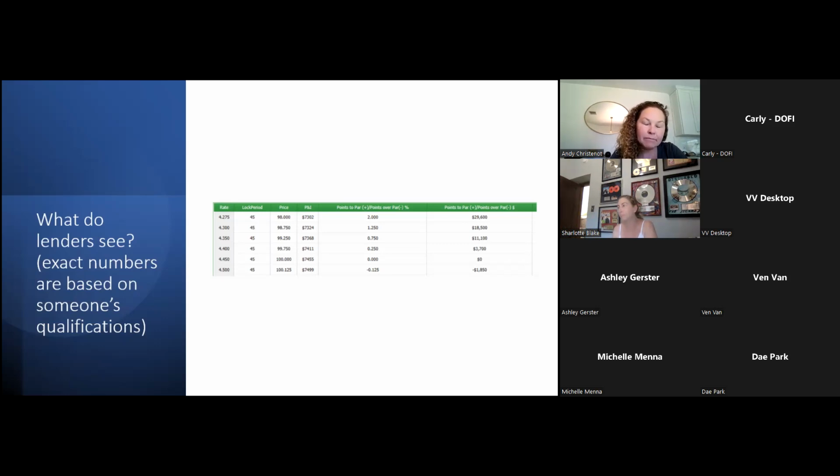My experience is the majority of buyers are always going to be shopping rates. No matter what I say, sometimes I'm like, you get what you pay for. That's always what I say, you're going to get good service, and that's most important when you're buying your most expensive asset. But sometimes it just doesn't work.